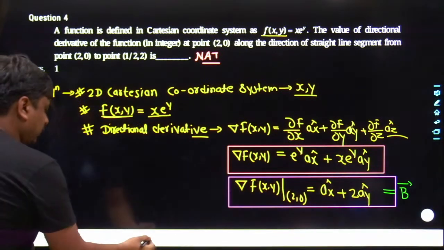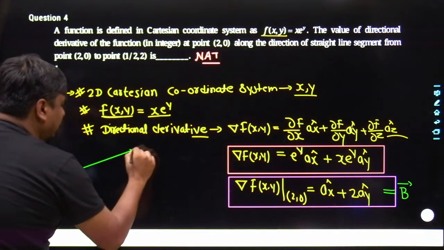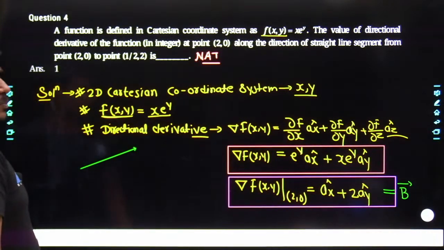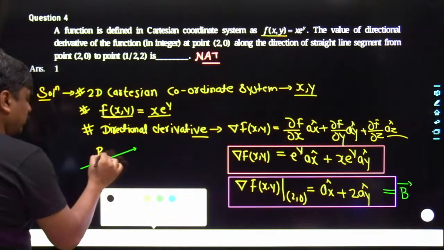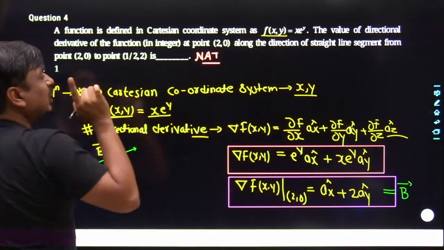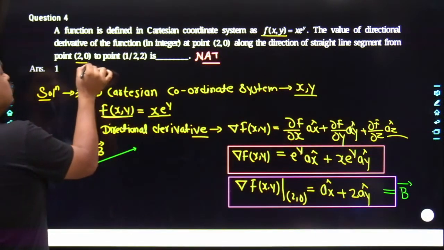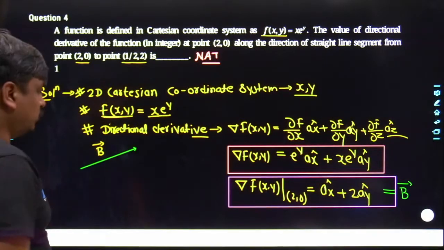At the very beginning you calculated the directional derivative, which is a vector quantity, the b vector. You want to get its projection over another vector quantity joining the points 2, 0 and 0.5, 2.